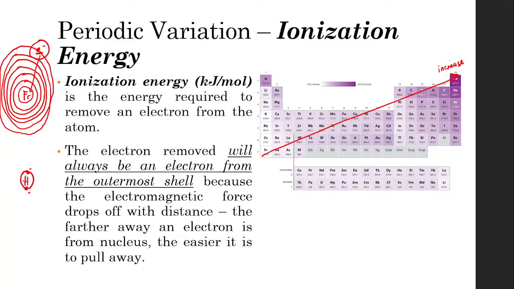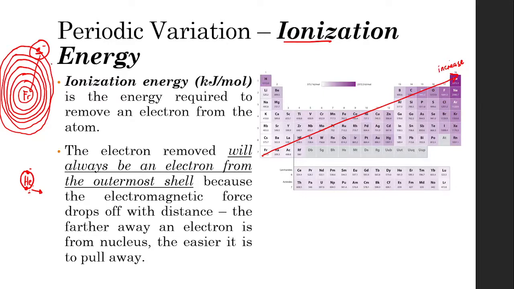So they are very much closer to the nucleus of helium. So it takes more energy for the electron of helium to be removed. It takes more energy for helium to be ionized. So when we ionize something, we are removing or gaining an electron.